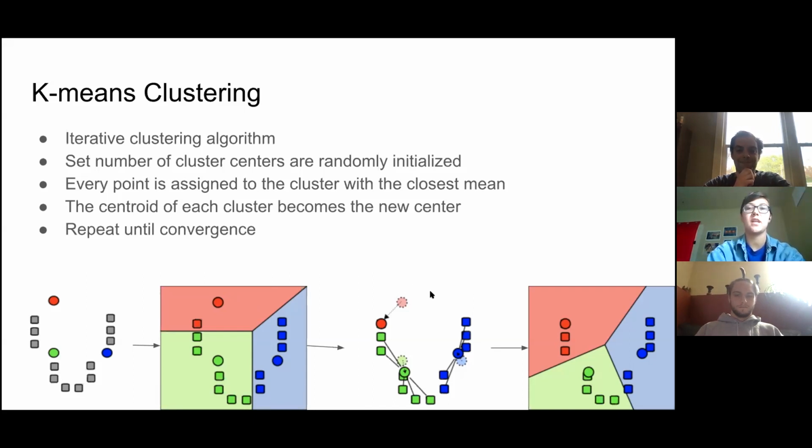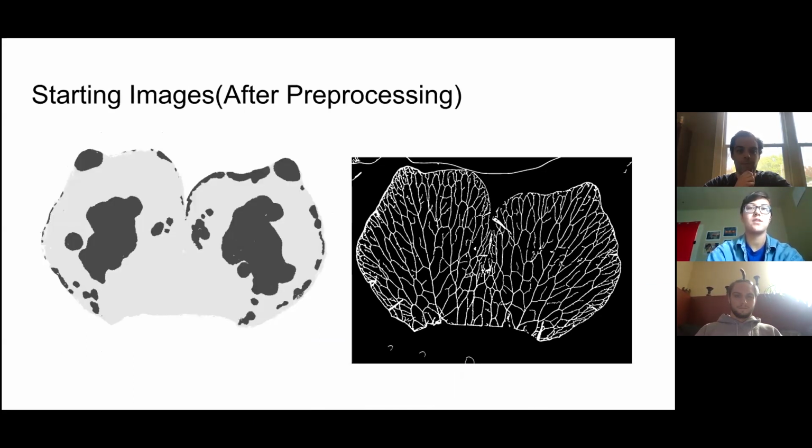And then you repeat those 2 steps until you get to convergence, which is just, you've got the best clustering. And in our case, that enables us to take our initial image with many color values and take it to an image with only 3 color values. And then when we convert it to black and white, it's very simple and easy to find the shape of. So here's what the images look like after the pre-processing going into the vein alignment pipeline.